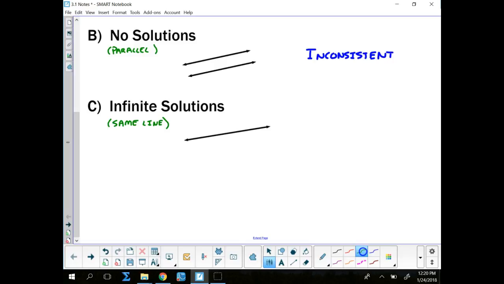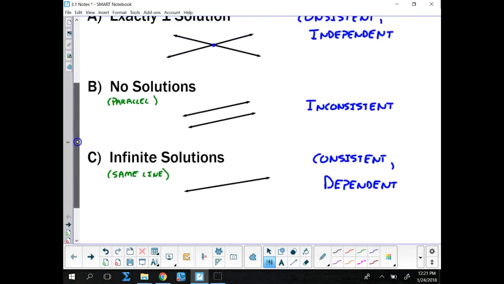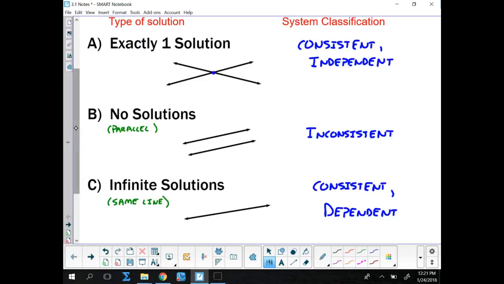And if we were classifying that system, we would classify that as consistent. But now it is dependent. So there's our 3 possible outcomes.